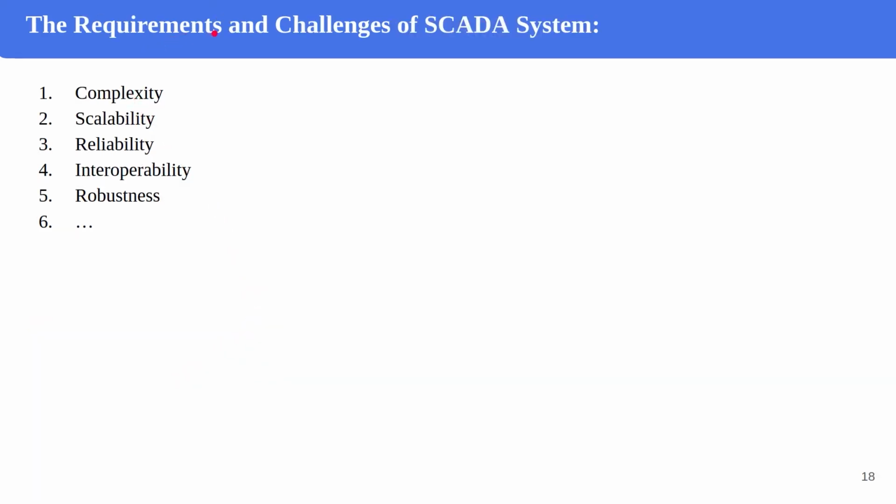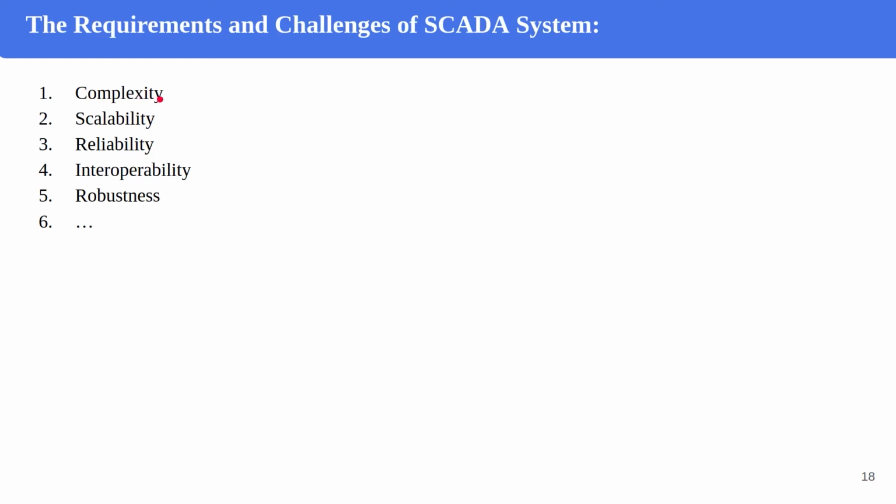There are some requirements and challenges for a SCADA system. The first one is complexity. The SCADA system's complexity results from adding new components like operator stations, computers, networks, and other types of resources. And as well as this, the complexity of a SCADA system comes from the increasing amount of exchanged process data and information.